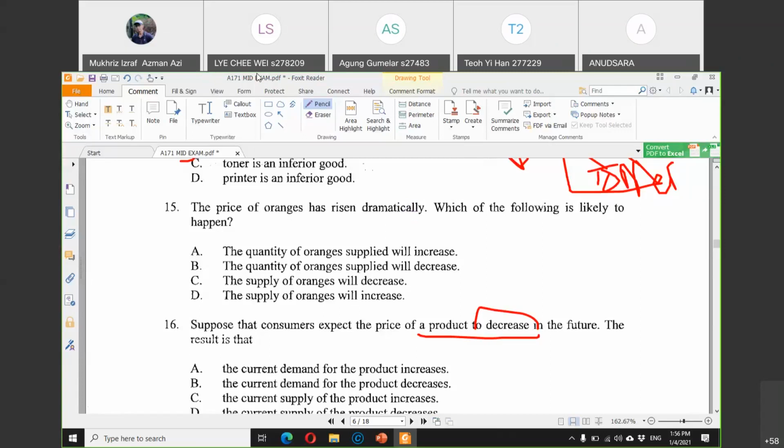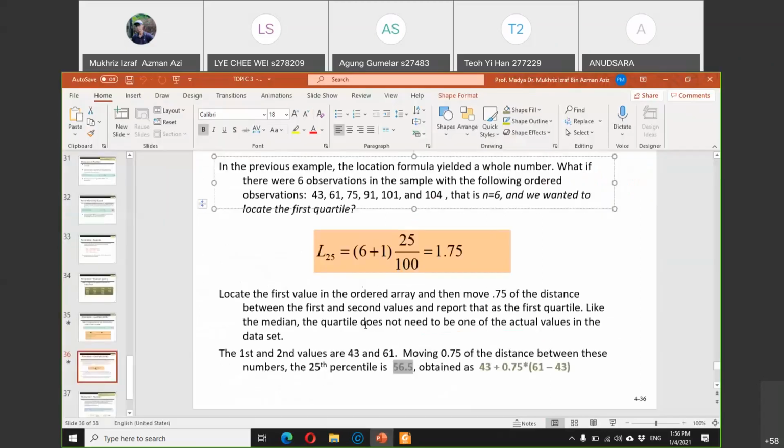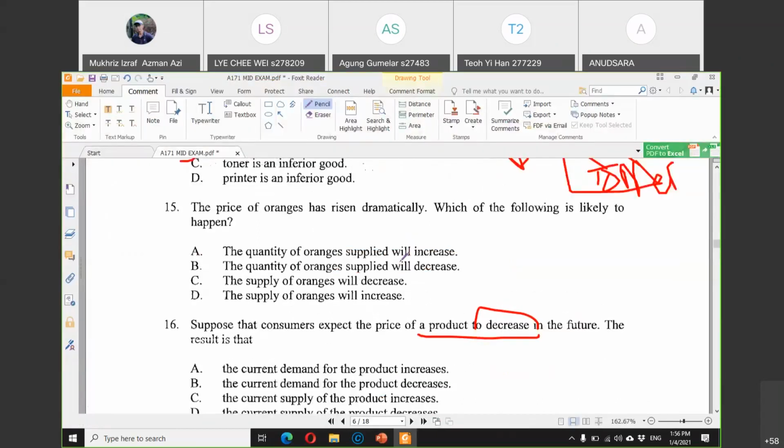If you recall from our example in the lecture just now, between demand we have the change in demand and change in quantity demanded, the same as change in supply and change in quantity supplied. So here is the application of that.